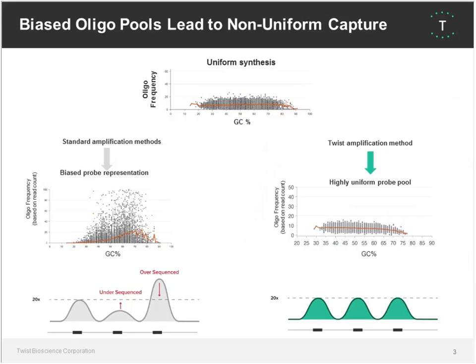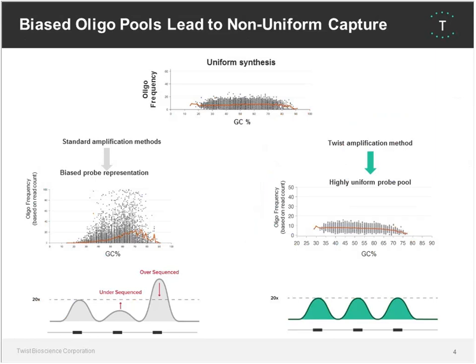One of the reasons for this gap is that a lot of the target enrichment pools available on the market have a tendency of having biased oligos in them. To depict that, I'm showing this slide. At the very top, all oligos start the same way.